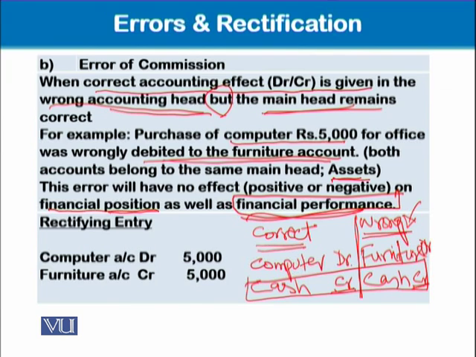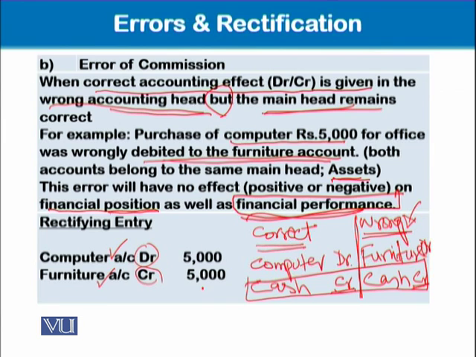Furniture was wrongly debited. So now we will credit this furniture account. It will rectify this issue. And computer was not debited, and now we will debit this computer account. This will rectify our accounting records.